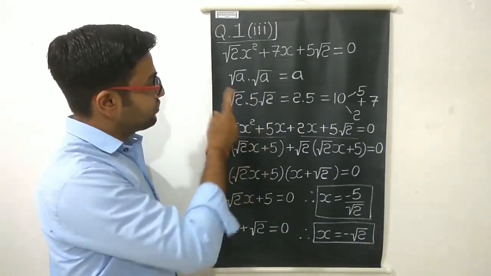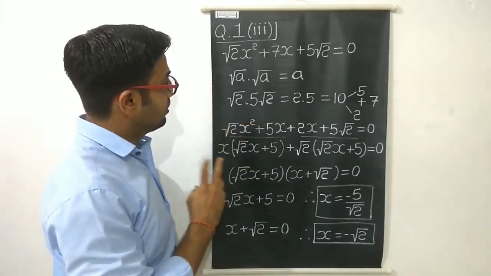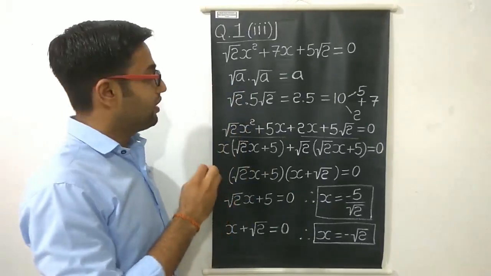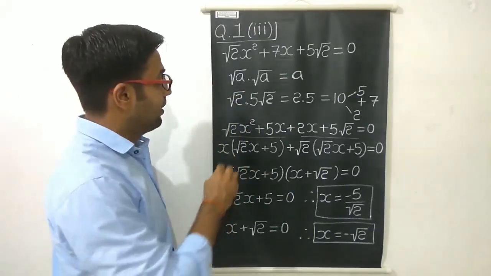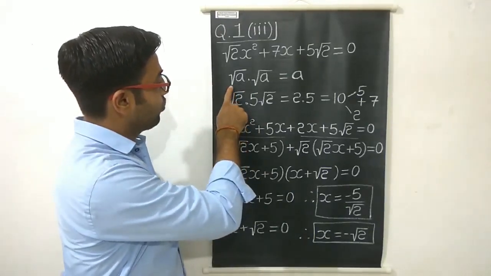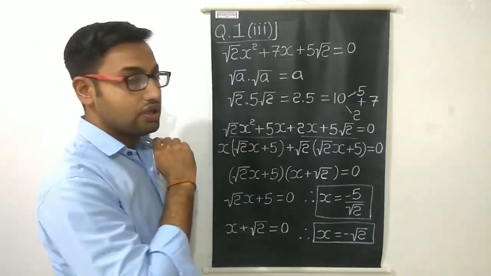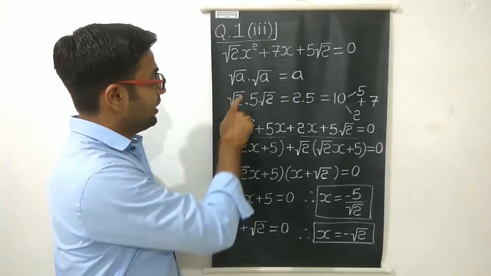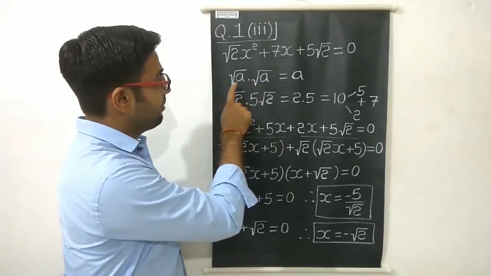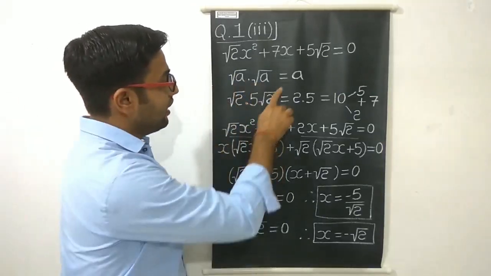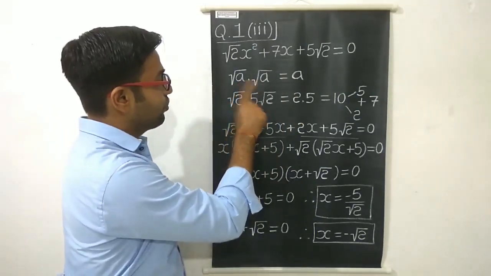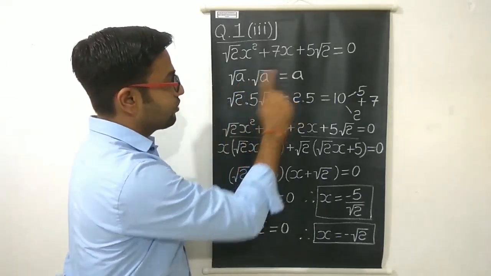So, before we solve this equation, we have to keep in mind one thing: if we have root a into root a, where a is a real number, that means if there is a square root of the same number in the multiplication, we can write it as a. If we have root 2 into root 2, then we can write it as 2.